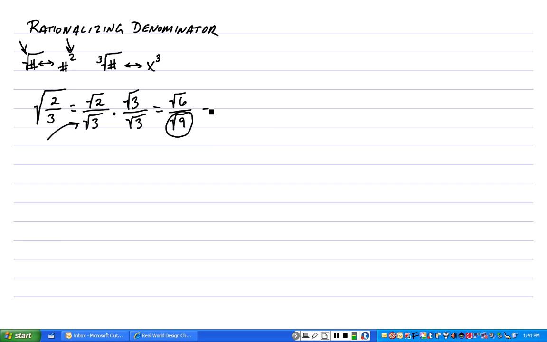Square root of 9 equals 3. Now we don't have a radical in the denominator anymore. 6 is not a perfect square, so we leave it as it is, square root of 6. We don't worry about the radicals in the numerator. We just have to make sure that we don't have them in the denominator, and in this case we don't.